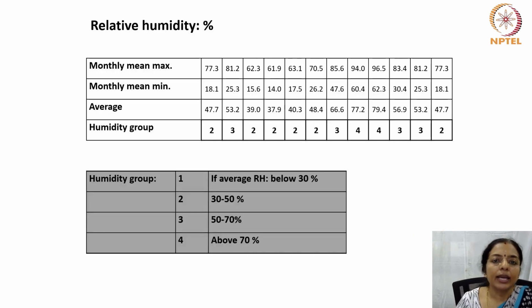I've also noted the monthly mean maximum and monthly mean minimum relative humidity and calculated the average relative humidity and entered the humidity group. Okay, say I've entered 2 because this falls in this category and so on. Like how I had demonstrated for Chennai, I've done this for Vadodara also.